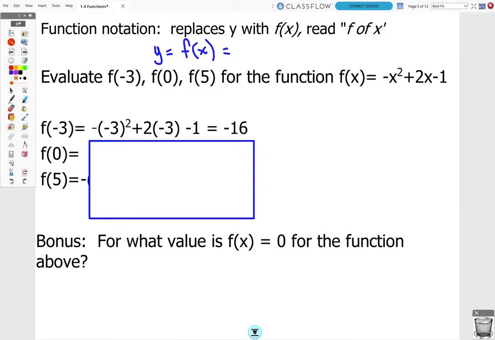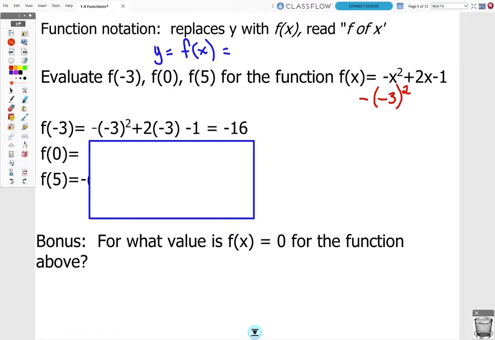Now, if you did not get this same answer, keep in mind that I'm substituting -3 into something that already has a negative in front of it. When I plug that in, you have to be very careful that this reads negative and then parentheses, and then the next one is going to be -3 squared. It's easy to just say, oh, there's a negative there, so I'm just not going to worry about it.